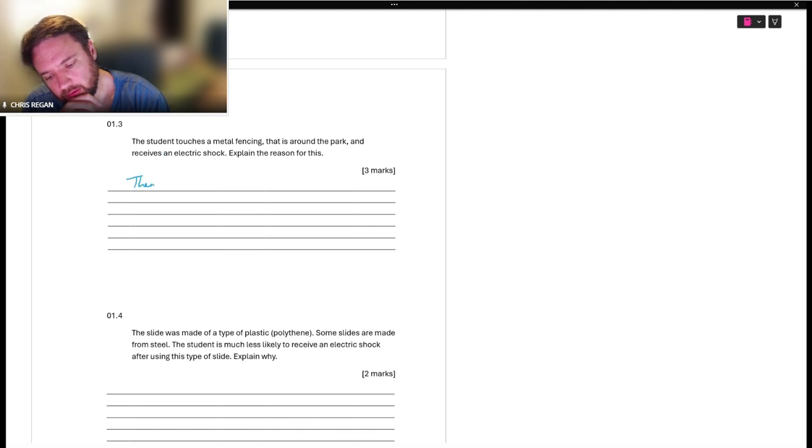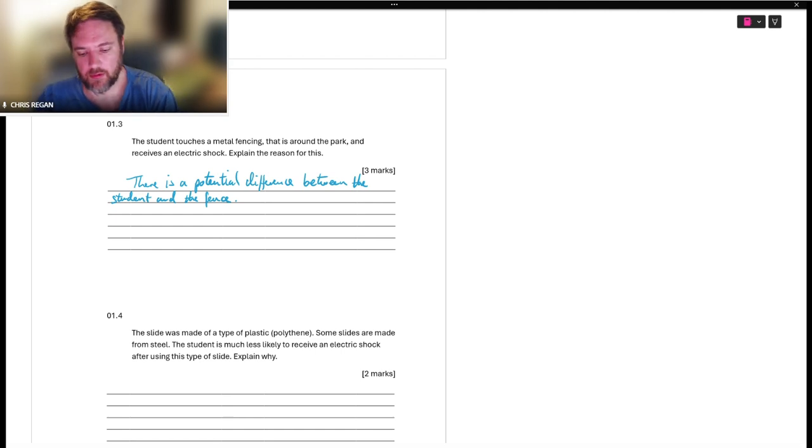Okay, so essentially the reason that this electric shock happens is because there is a potential difference between the student and the fence.